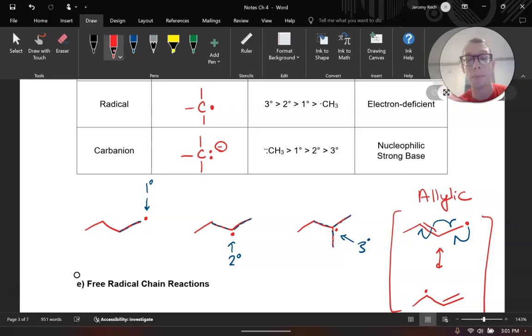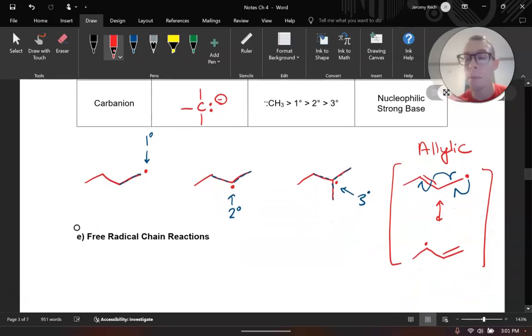Now, your carbanion is going to be the exact opposite trend, but the primary, not very stable, and primary means you just have one connection to it. Secondary will be more stable, and it has 2 connections to it. Tertiary has 3 connections and is more stable yet. And then types of radical are even more stable. Allylic ones are even more stable because they can do resonance.